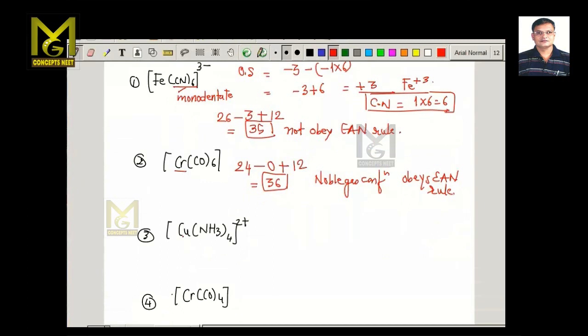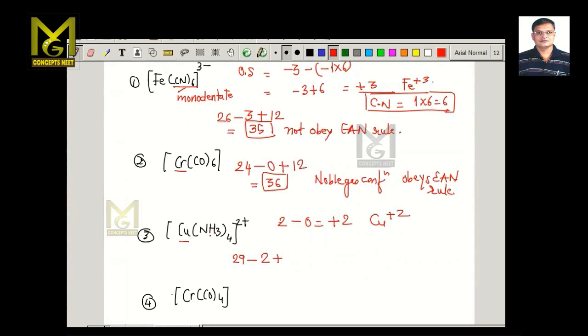If you look at this complex, the atomic number in case of copper is 29 minus the oxidation state. The oxidation state is 2 minus 0, since the ligand is neutral, that is plus 2. So we write it as Cu plus 2. The formula is 29 minus oxidation state plus 2 into coordination number.